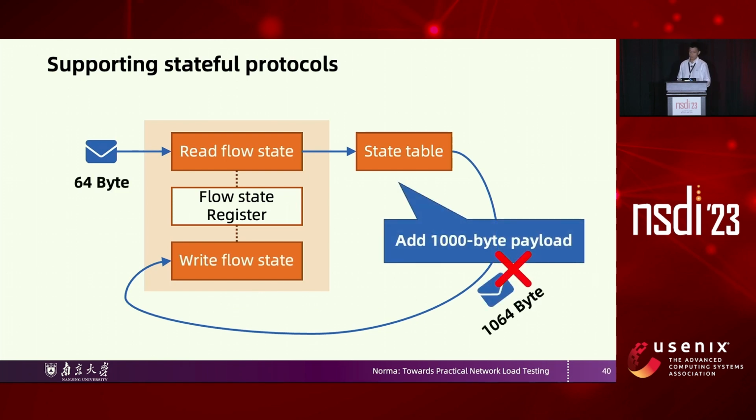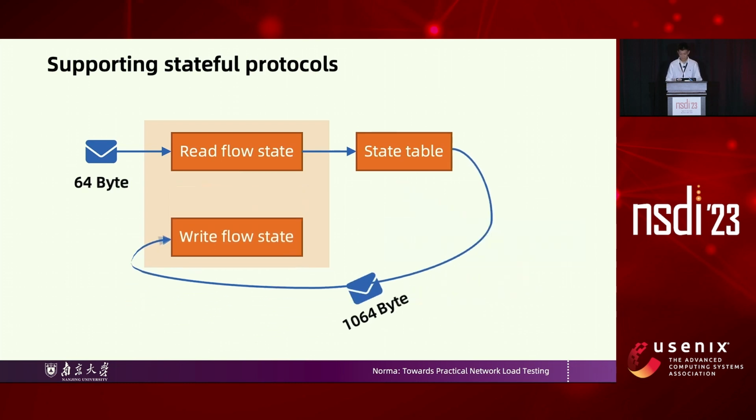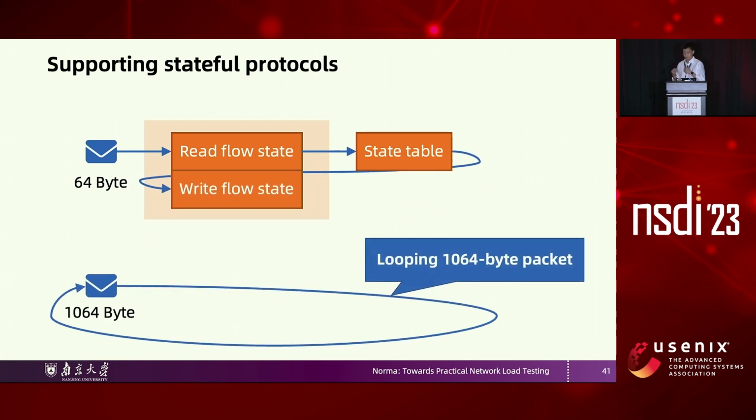And at the same time, the switch limits the maximum header length that can be added. It means that it is impossible to directly add a 1,000 byte payload to a 64-byte packet. So we have to prepare a batch of large packets looping in the pipeline at the line rate first.